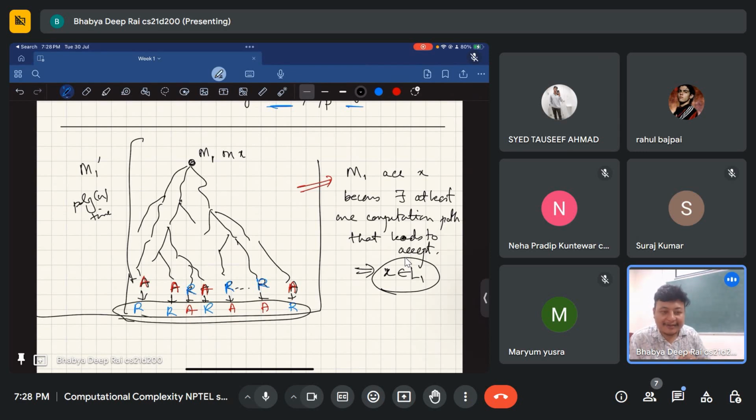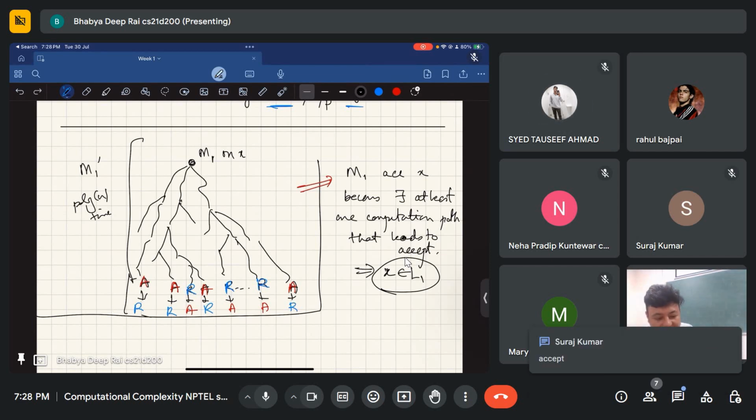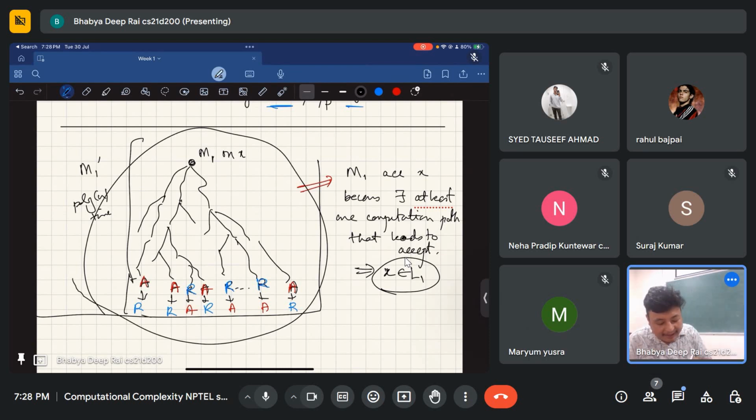This M1 prime, which is the bigger algorithm, has several computation paths where some of the paths reject, some of them accept, and what does this machine M1 prime choose to do? Does it choose to accept or reject that particular X?